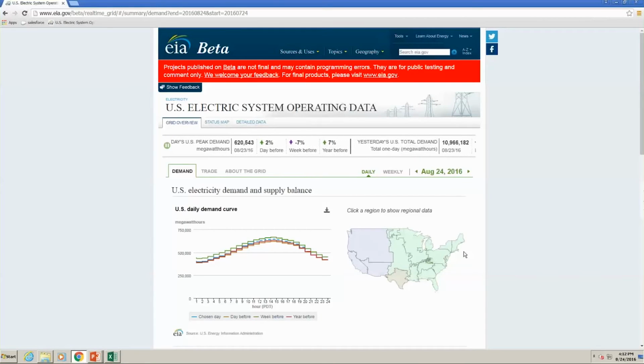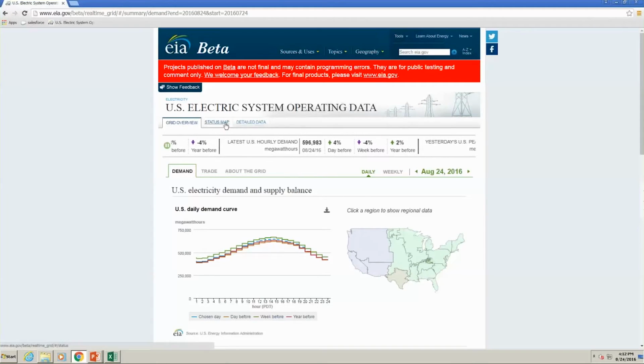I mentioned selecting regions, and so here are the regions that we have available. I'm guessing for most of you, these regions are unfamiliar. You're probably used to NERC regions. So, what the heck is this all about? Why did we do this?